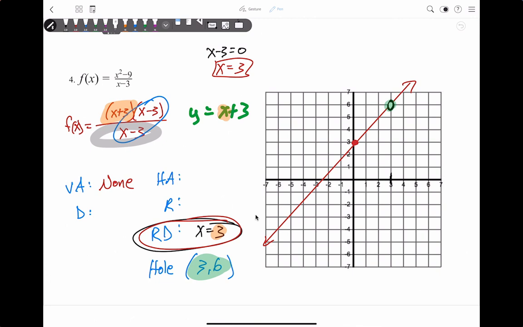So the only one is at x equals 3. In other slides and examples, we show the VA and the RD, but here we only have the RD. So we're going to say that x is everything except positive 3. And if you wanted to write it in interval notation, you're more than welcome to, because it means the same thing.